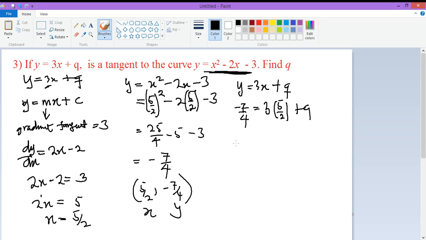So our q, we'll send this one to the other side. So it becomes minus 7 over 4 minus 15 over 2. In fact, when I multiply these values, you get 15 over 2. Then we perform the subtraction. We're going to get minus 37 over 4. That's the value of q.